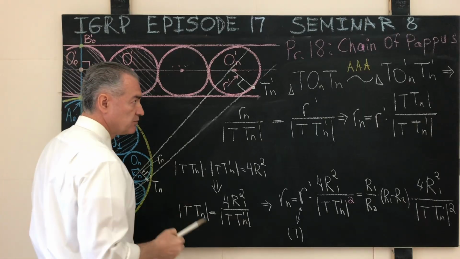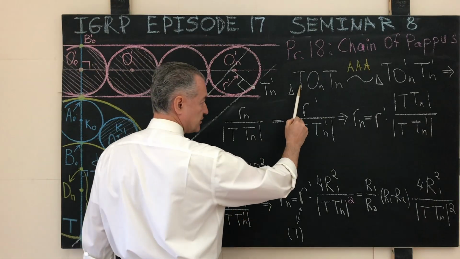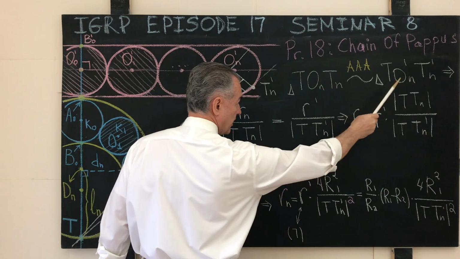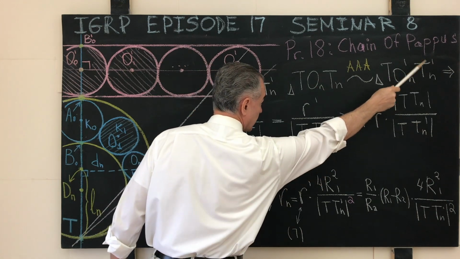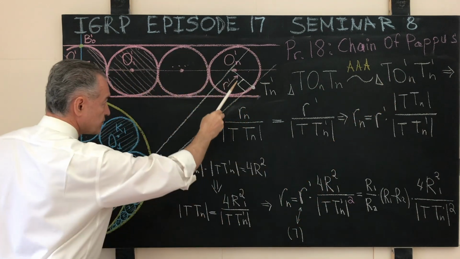And we do that by observing again our triangles T, O, and Tn, and T, O prime and T prime n, which I described earlier.